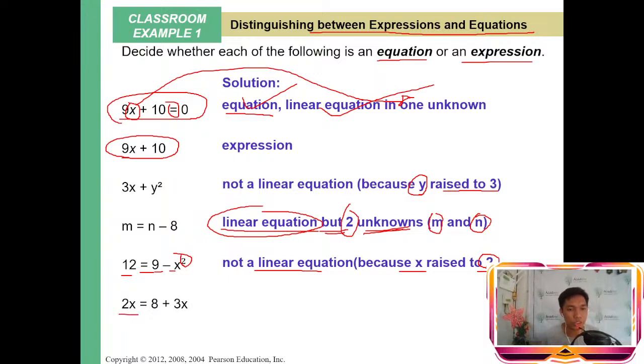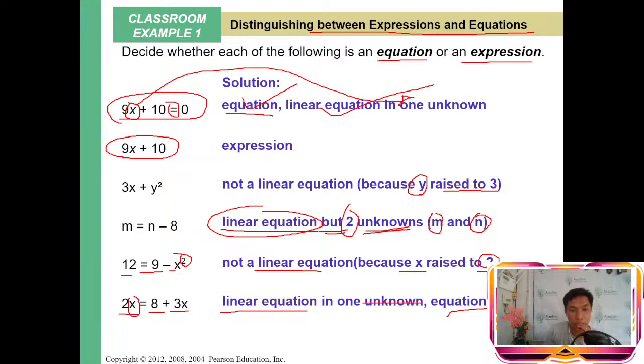Next one, 2x is equal to 8 plus 3x. Is it a linear equation or not? It is a linear equation in one unknown, and it is an equation because we have x on both sides. Even though the x is on the left and right, they are the same, and there is only one unknown.